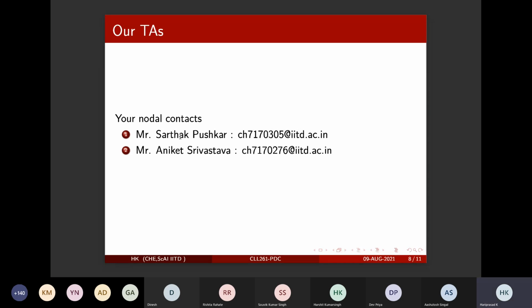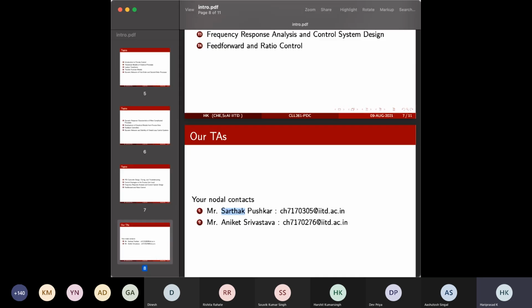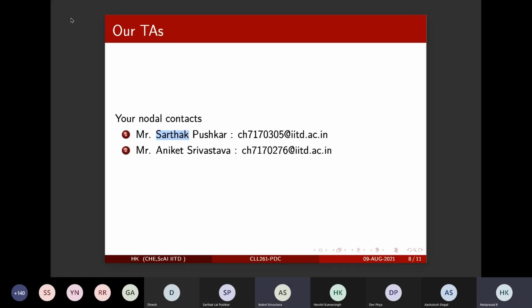So your TAs would be Sarthak and Aniket. I think they are here. I hope both of you are here, Sarthak and Aniket. Yes, sir. Okay, so there is a possibility of having one more TA because the class size is so huge. As soon as I get the information, I'll let you know. Otherwise, these two would be your nodal contacts.